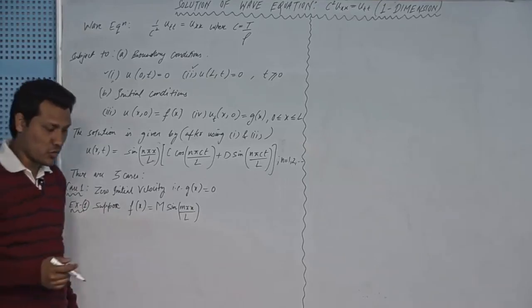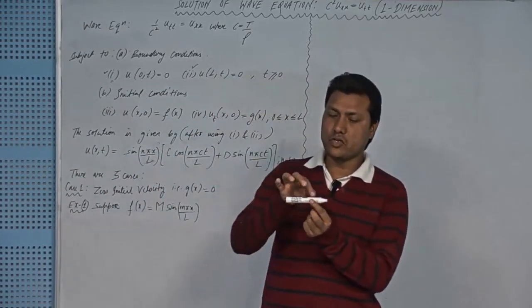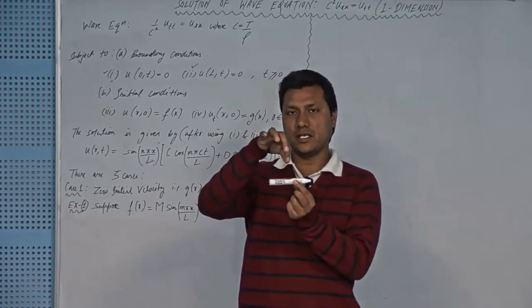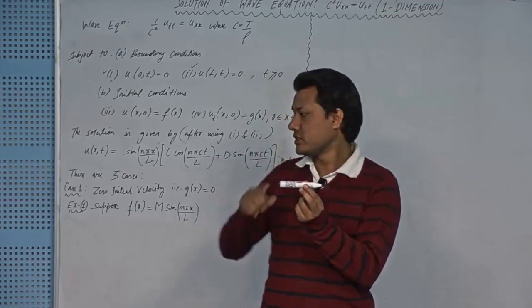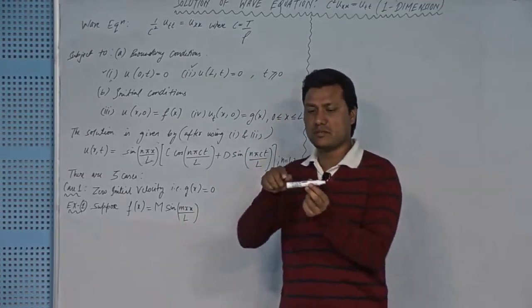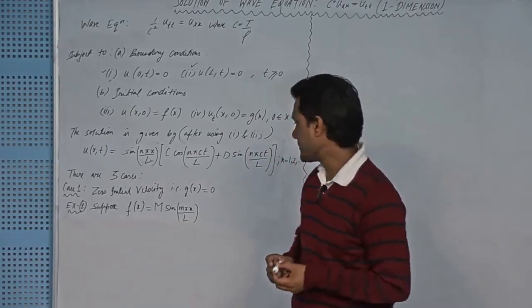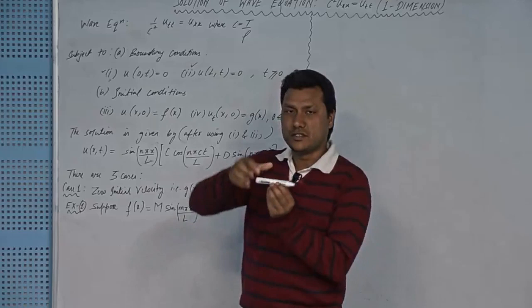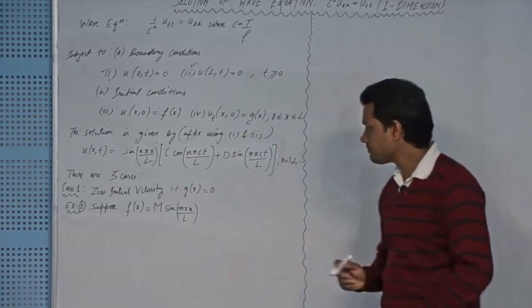It means that you have the string like this, and you pick up one of the points of the string and pull it so that the shape of the curve takes this function form, a sine function. It may be something like this, a curve of sine. Then you release it, and at the time of release, t is equal to 0.